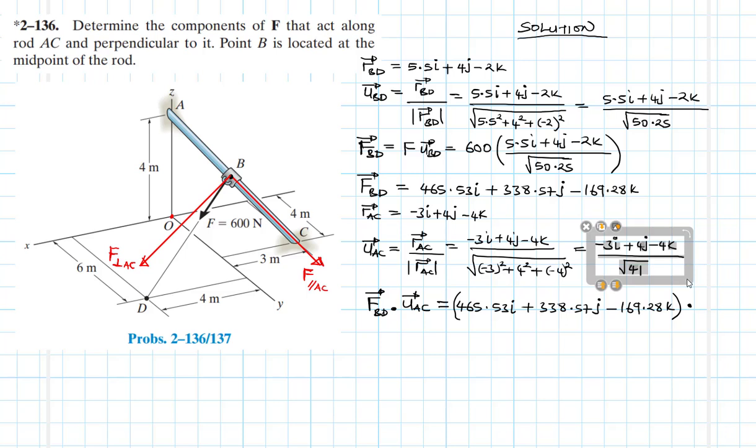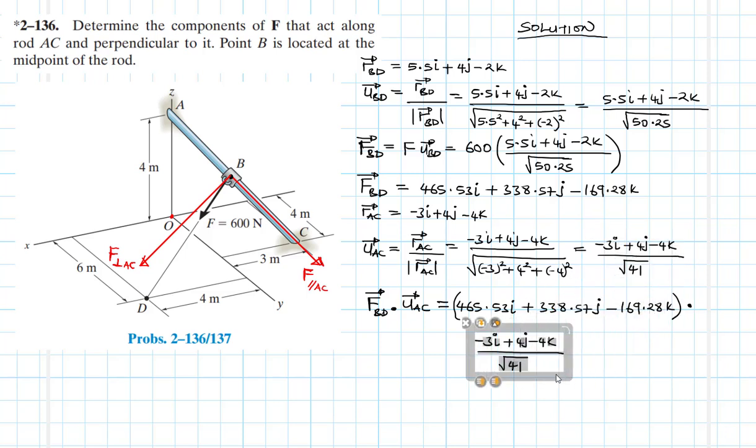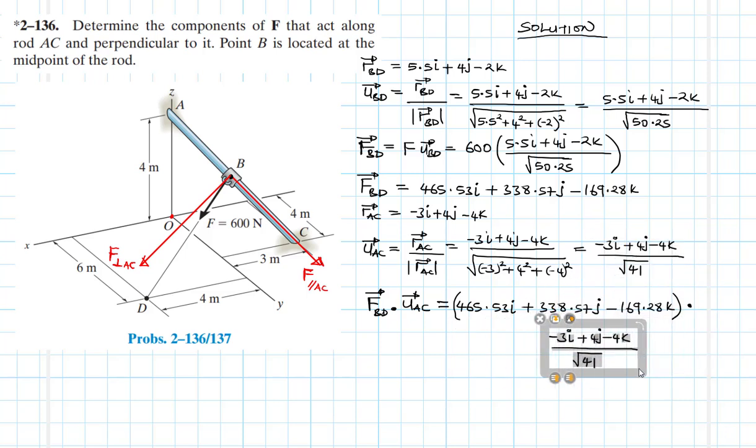It can't fit there, so I'll just put it somewhere there. All right. So we are dotting the two. So we are going to have the following expression: FBD dot UAC.